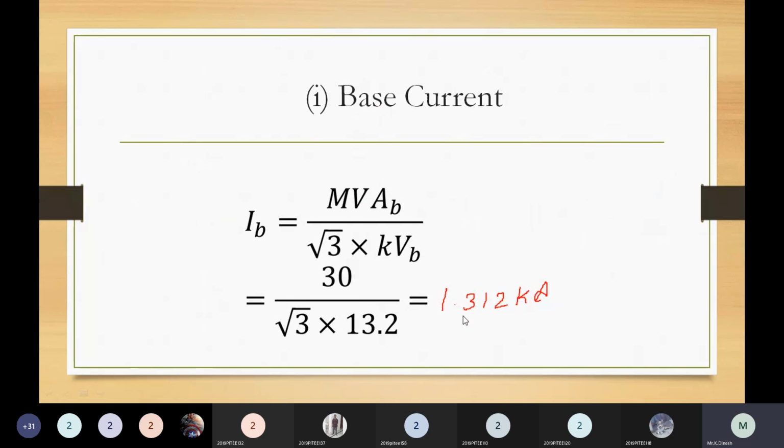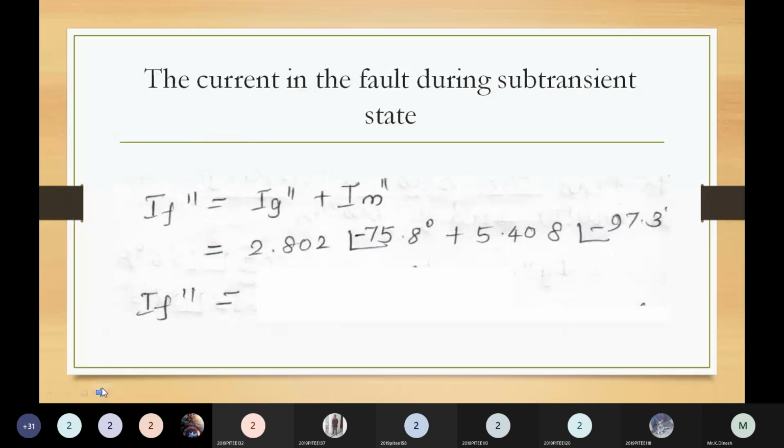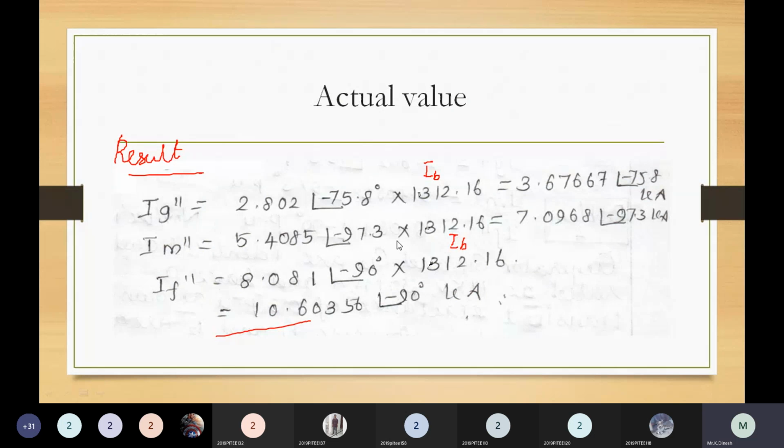So I am taking the 1.312 value and multiplying with all the values to get my actual values. That is 3.67 at an angle minus 75.8 kiloamps and 7.06 at an angle minus 97.3 kiloamps. And last, the fault current IF double dash is 10.603 at an angle minus 90 kiloamperes. So this is the solution we obtained from the KVL method.